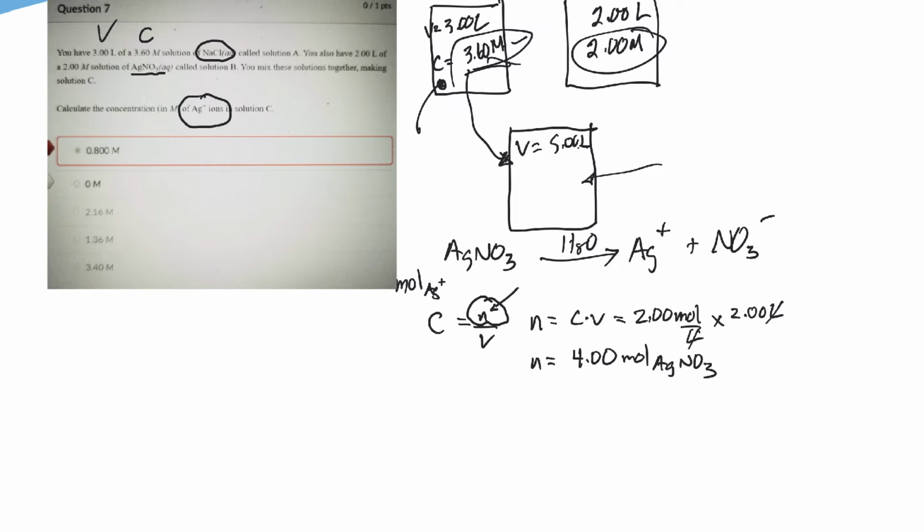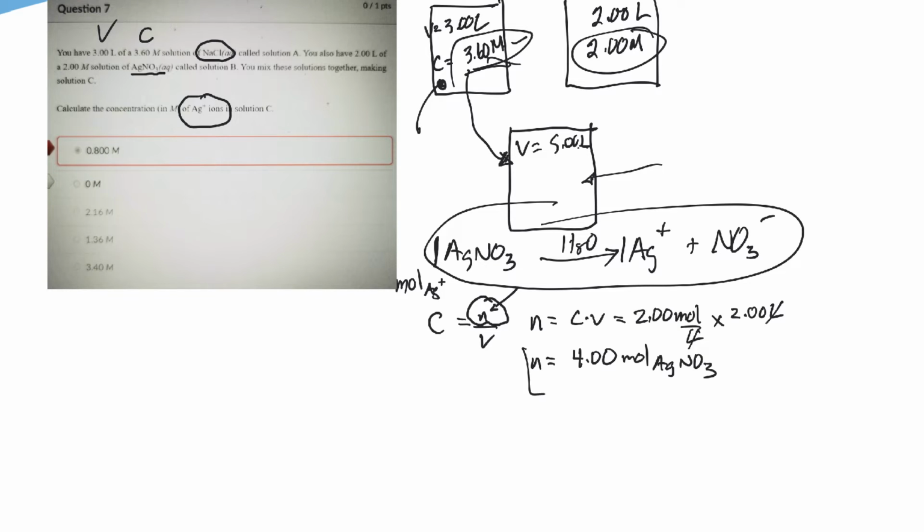Now, according to my dissociation equation, the ratio between moles of silver nitrate and moles of silver is 1 to 1. So if this is the moles of silver nitrate, then I also have 4.00 moles of silver ions.